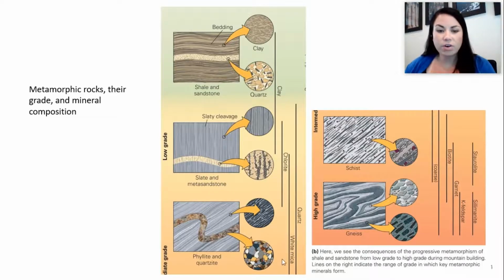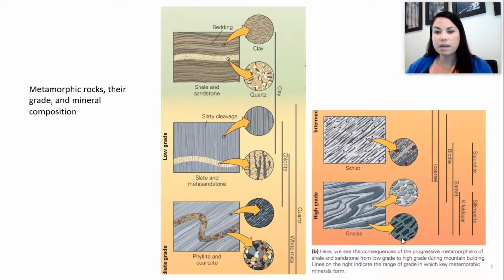And at even higher grades, we see things like phyllite and quartzite. And when we have foliation occurring, this is where we see things like schist and gneiss. So these are some examples of rocks that we see from lower grade to higher grade metamorphism.